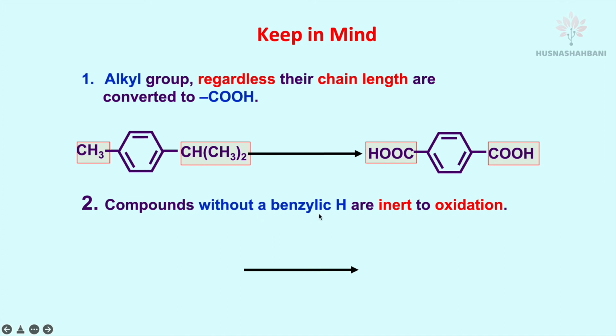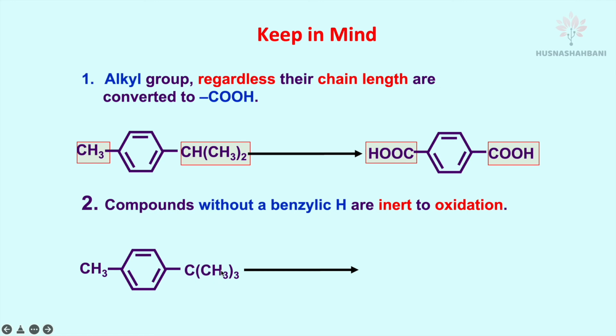Compounds without benzylic hydrogen are inert to oxidation. For example, this carbon will undergo oxidation, it will become COOH, but this carbon that is attached to the benzene ring has no hydrogen at all, so no reaction will happen at this carbon.